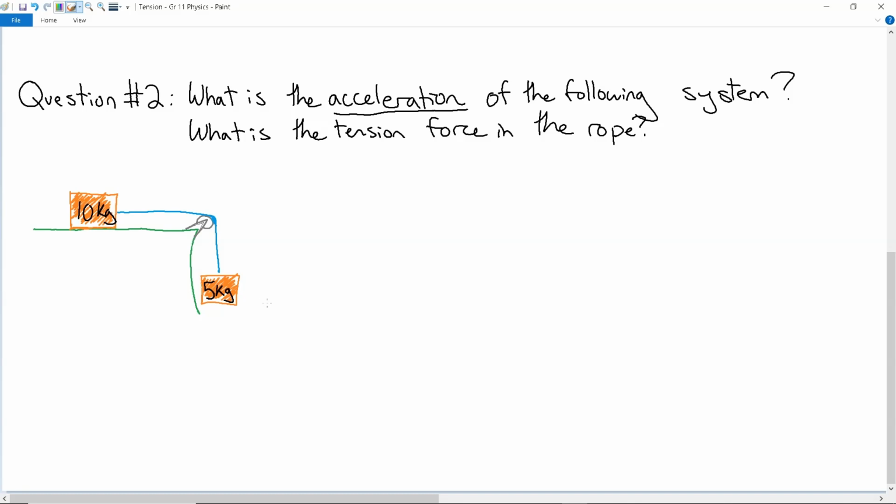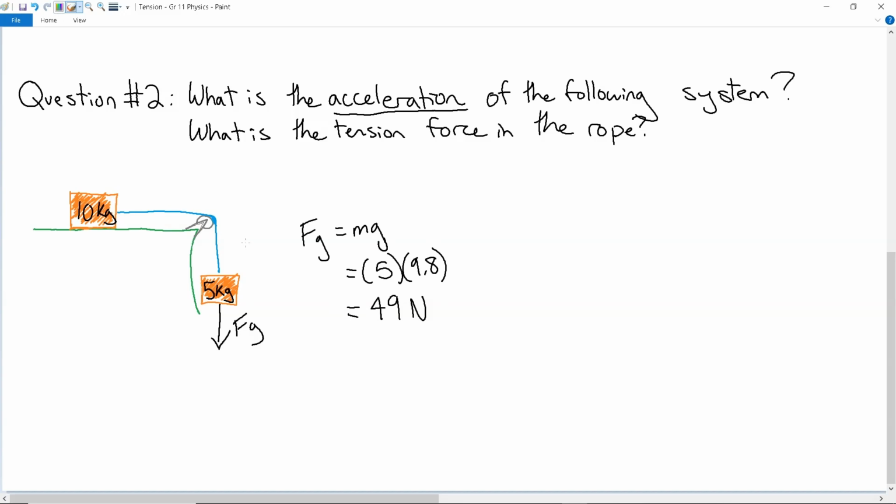So what I want to do is think about the forces acting on the system. I can tell right off the bat that I have the force of gravity from this 5 kilogram mass. So let's see what that is. Should be the same number we had in our first question, because we also had a 5 kilogram mass. Yep, we got 49 newtons.